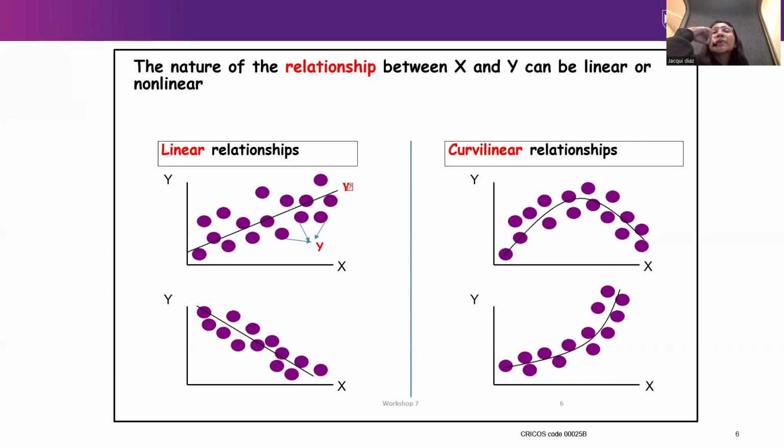The first two represent a linear relationship, with the dots around the line representing a positive and a negative relationship, while the two scatter plots on the right represent a curvilinear relationship, which means that the simple linear relationship will not apply here.